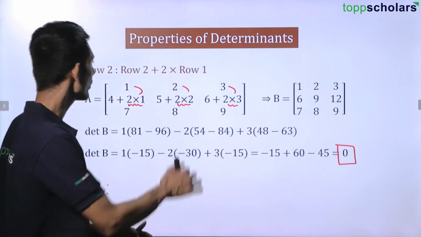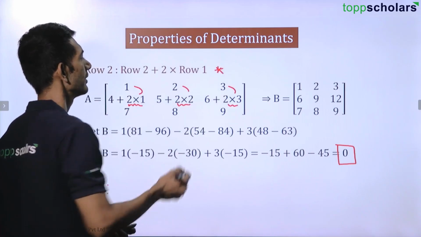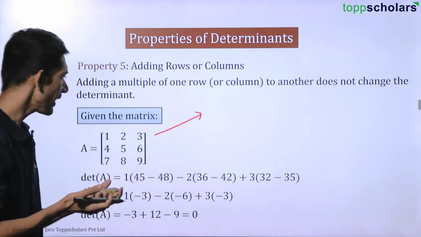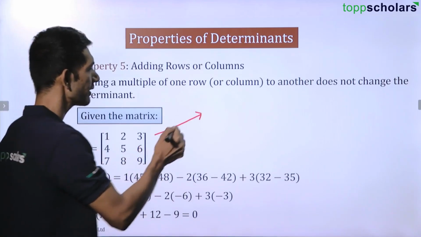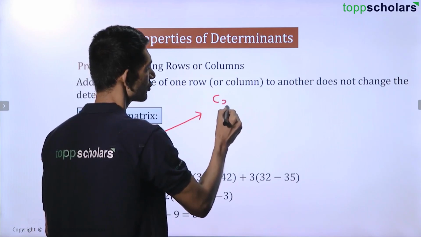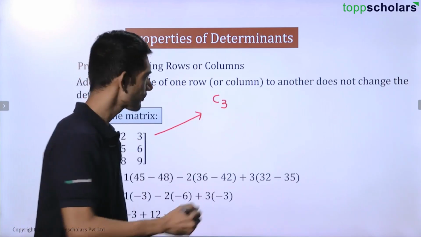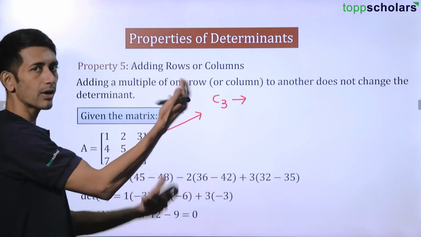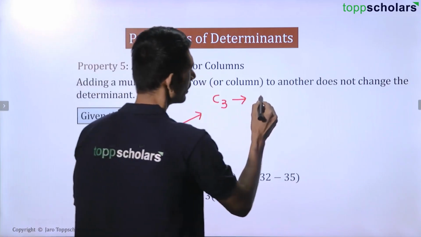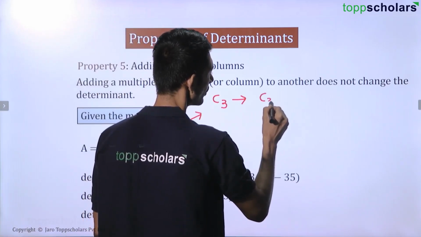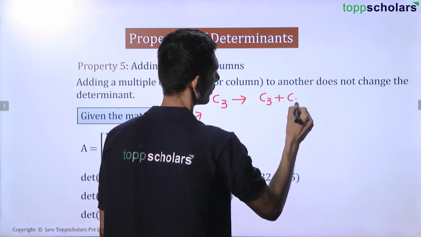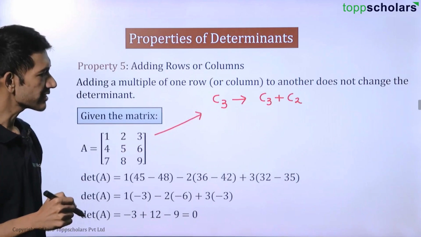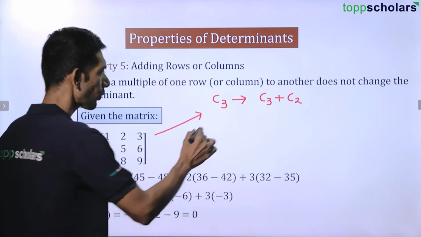It is not compulsory to only have this operation. You can also change a row or a column. Say if I change column 3, how are we changing it? Adding a multiple of one row or directly adding a row or column, change C3 to C3 plus C2.